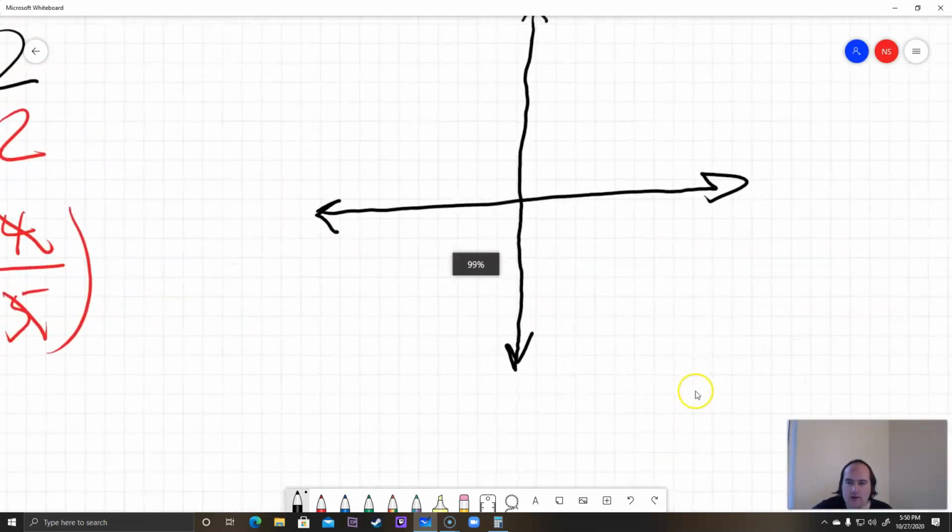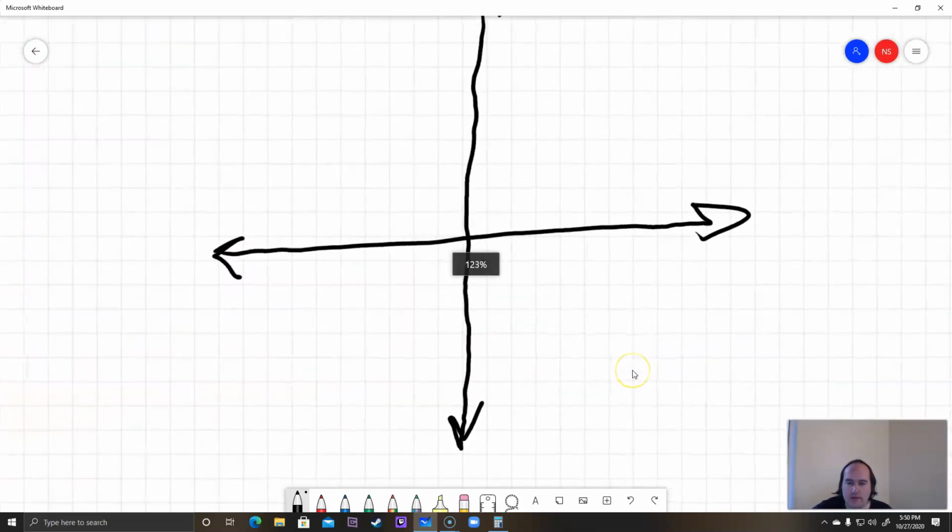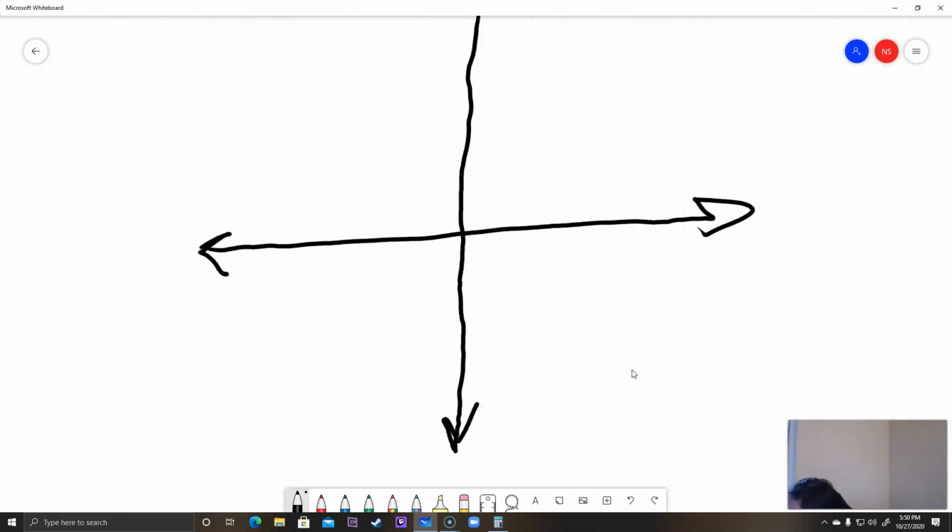So I'm going to zoom in a little bit. So x is 1.6, so here's 1, here's 2 on the x-axis, and x is 1.6, which is right about there. Just a little bit more than halfway between 1 and 2. So that right there is our x-intercept, 1.6, comma 0.